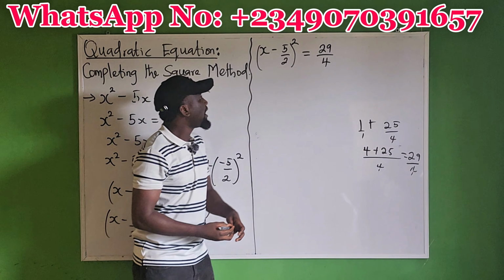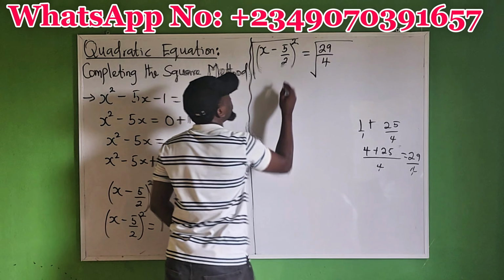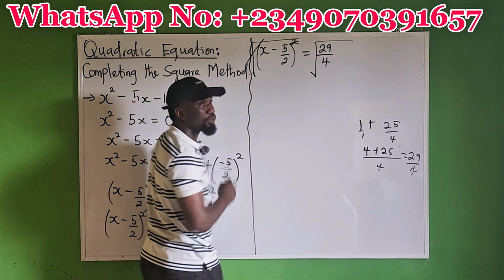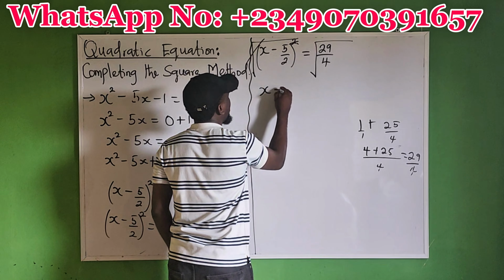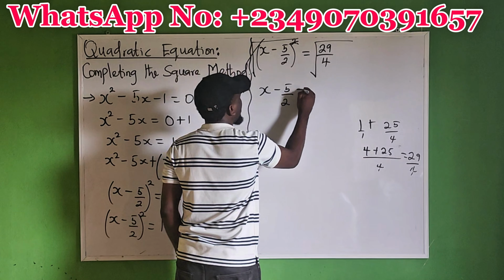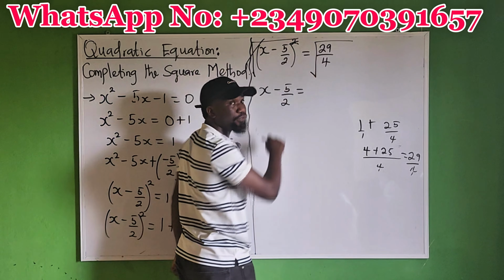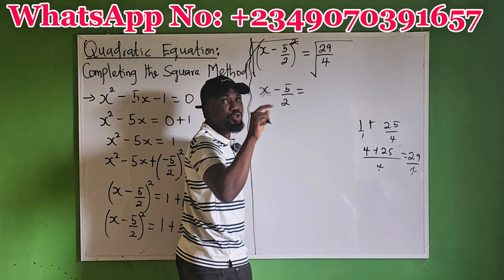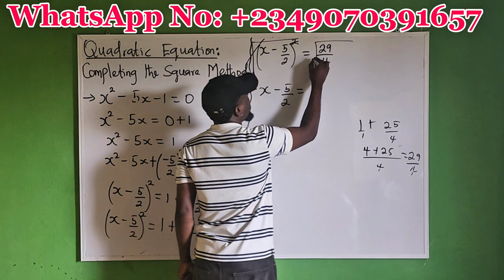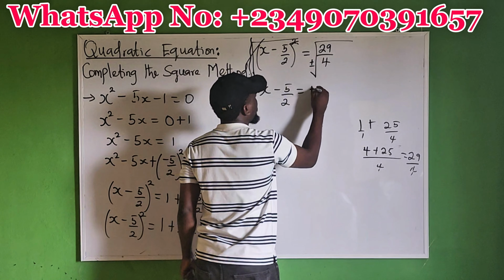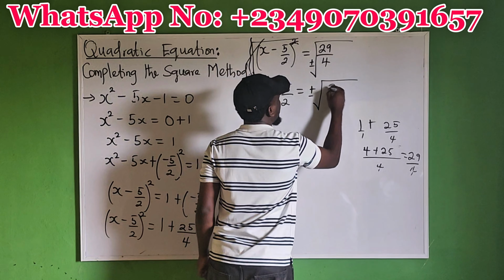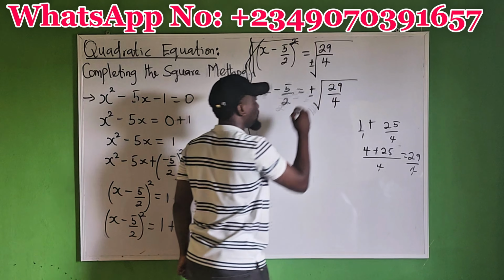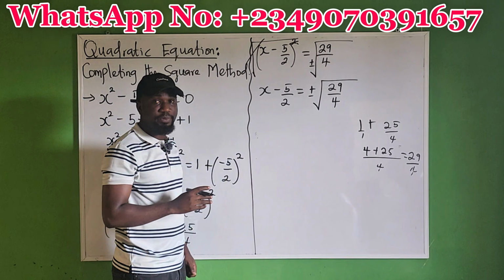The square root cancels the square, so we are left with x minus 5/2 equal to, and please, whenever you have a square root, the value there is plus or minus. So plus or minus the square root of 29 divided by 4. Please, are you with me?